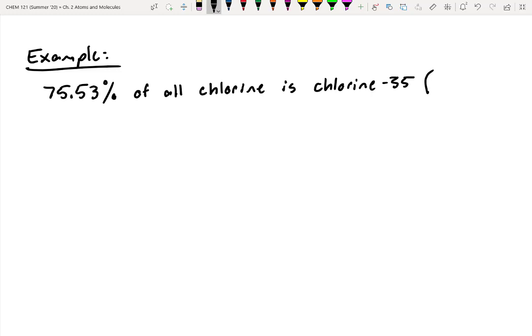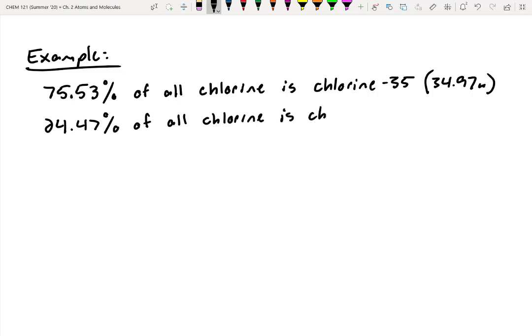And chlorine 35, we can find its mass, and chlorine 35 has a mass of 34.97 atomic mass units. Okay, so that's just one isotope of chlorine. The remaining percentage, which is 24.47% of all chlorine that's remaining, is going to be a different isotope.